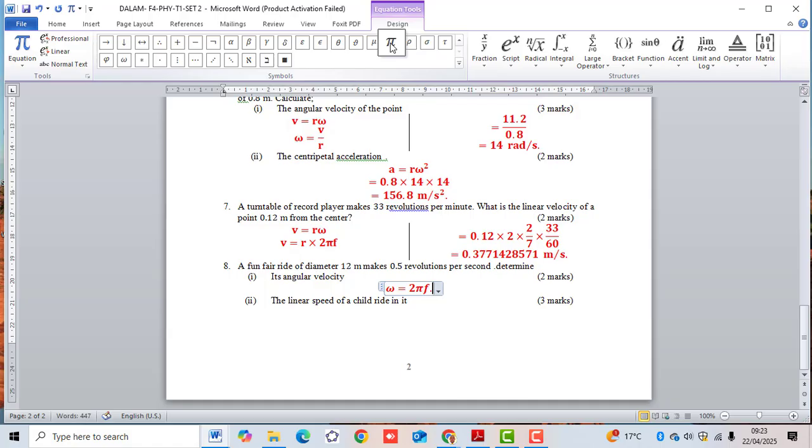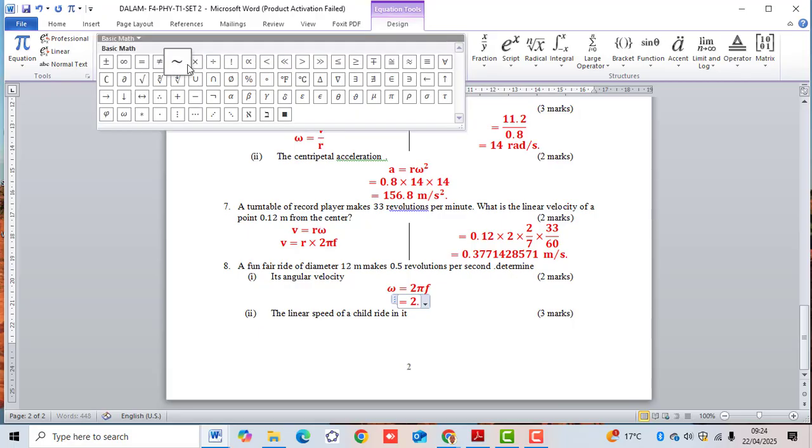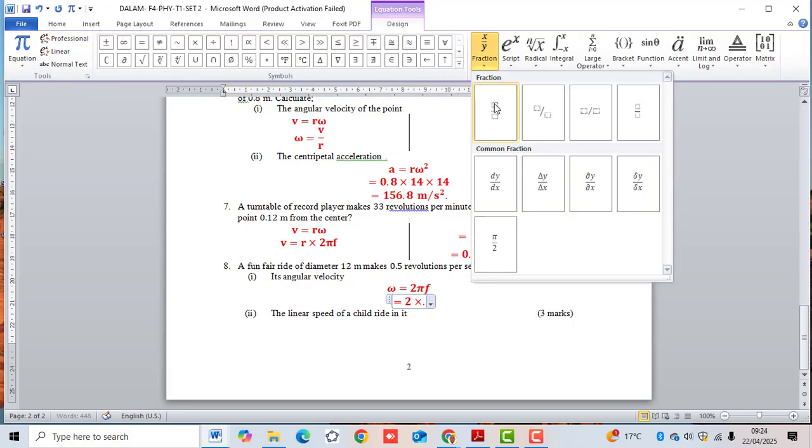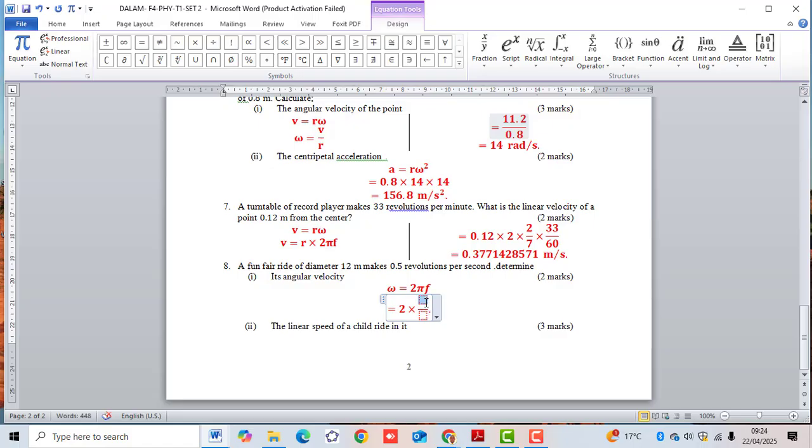That's how we get the angular velocity, which is 2 multiply pi. Pi is a constant, 22/7. Then multiply frequency. This one is in per second, so just use it the way it is. But if it was in per minute, we would have divided by 60. So we just multiply by 0.5.